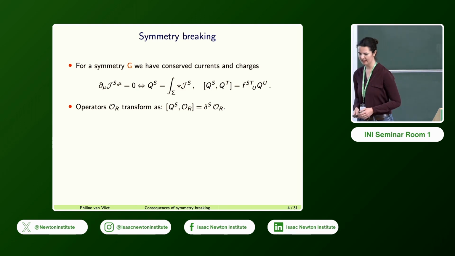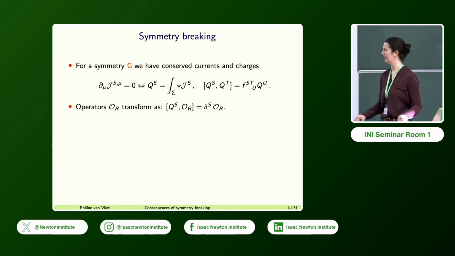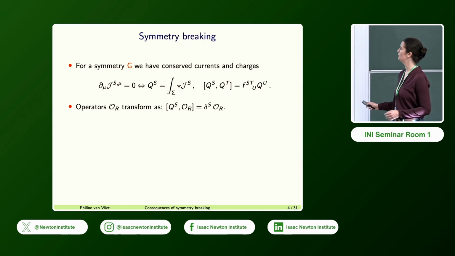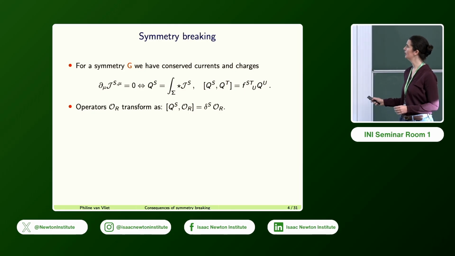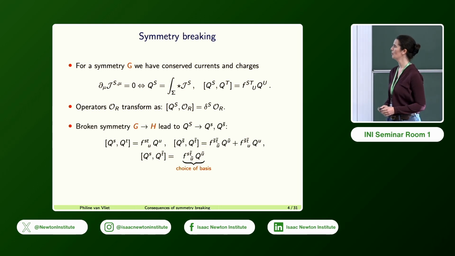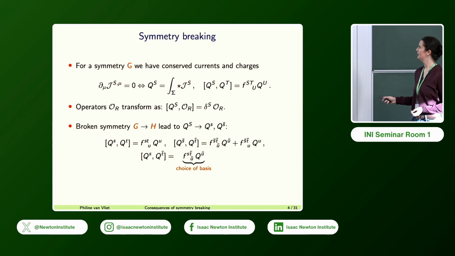Okay, so let's start at the very beginning just to set some notation, because this is in general known. If we have some symmetry G, then we have an associated conserved current that we denote by J, and some conserved charges that are given by this integral over this hypersurface sigma. And they also satisfy some algebra. We denote the transformation of local operators O in this way, in some representation R of this symmetry group. Now if we break the symmetry from G to H, we can split these charges into broken and unbroken charges.